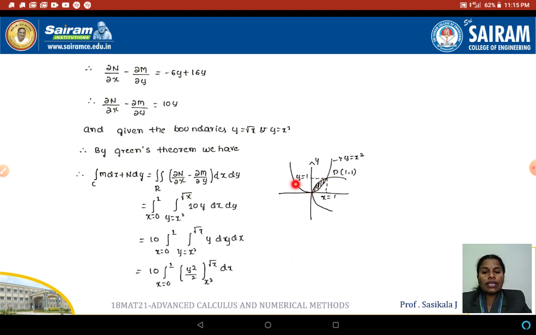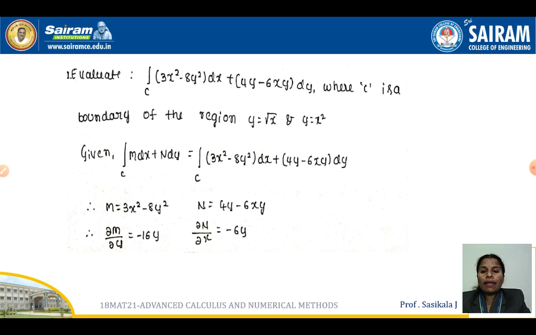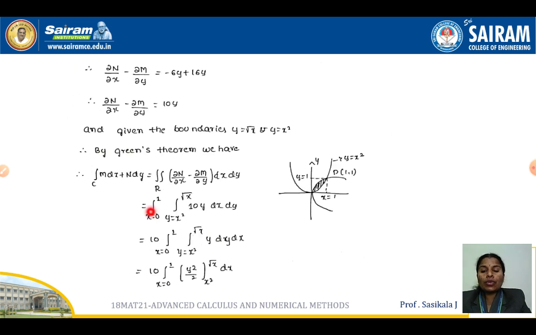And what is your y limit? y has to be taken as the variable limit, as per the double integration here. So the inner limit will be the variable one, and the outer limit must be the constant limit, as per the integration property.